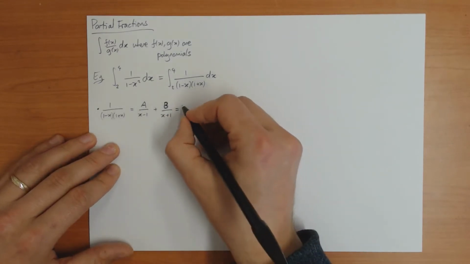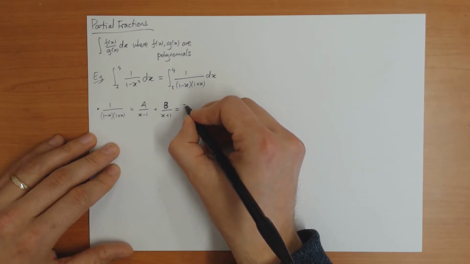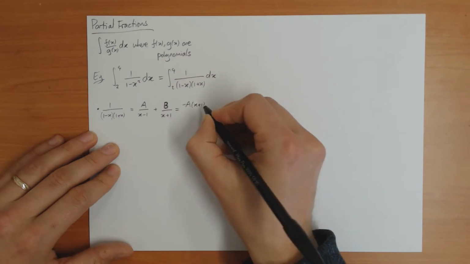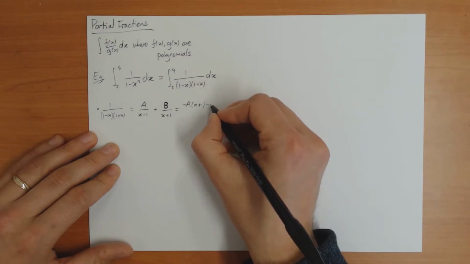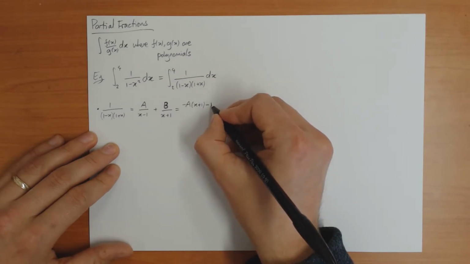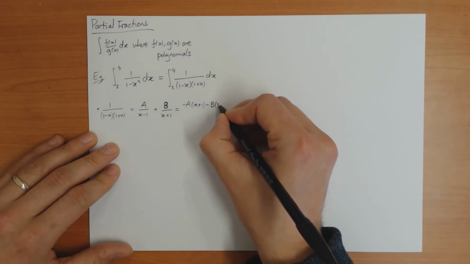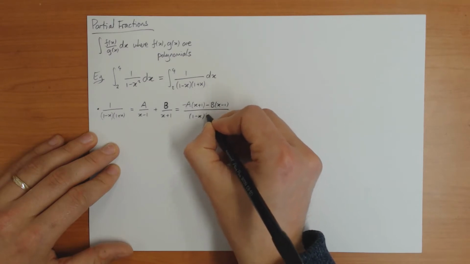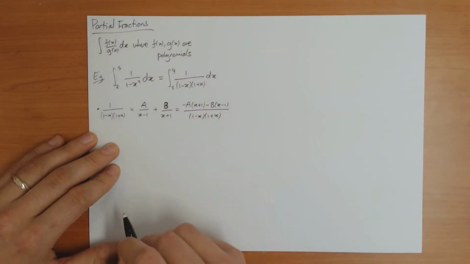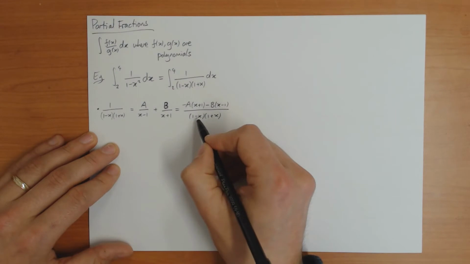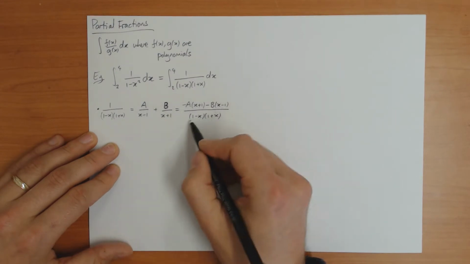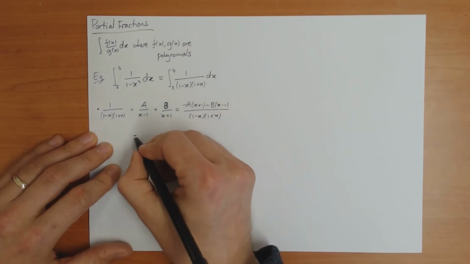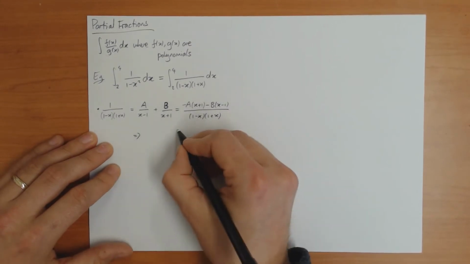So you can write this as minus a times x plus 1 minus b times x minus 1 all over 1 minus x times 1 plus x. This cancels and I get that, and here these cancel, the minus as well, and I get that. One more step.